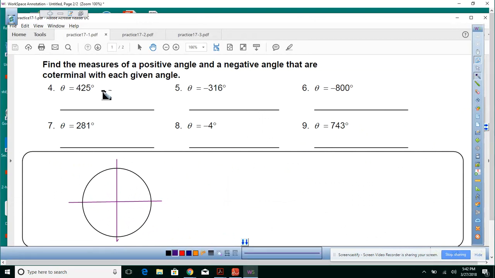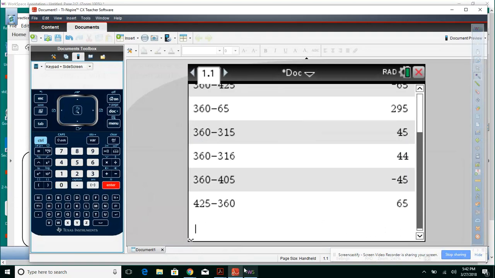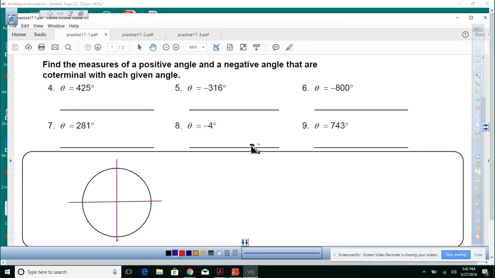Find the measure. We need to first find 425 degrees. So let's see, that's going to be 0, 90, 180, 270, 360. So let's take 425 minus 360, and that gives us 65 degrees. So that's going to be up in here somewhere. And we're going to say it's about right up in there.